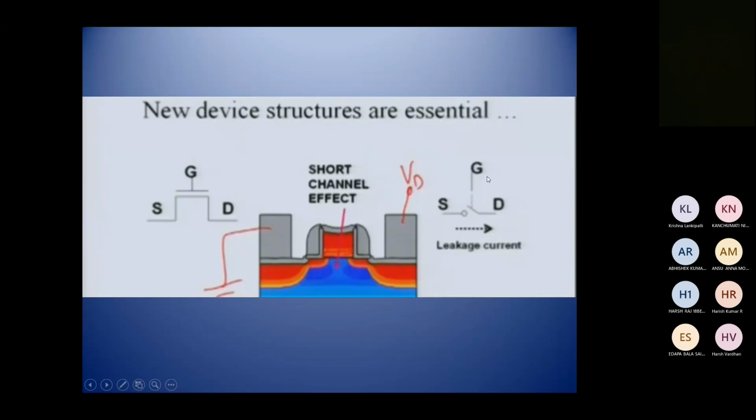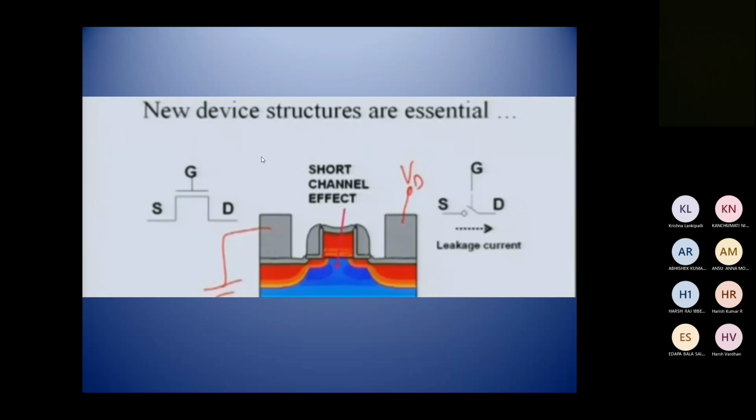Normally, we consider the ratio of on current to off current, that means I on divided by I off. Ideally, the off current is considered to be zero.